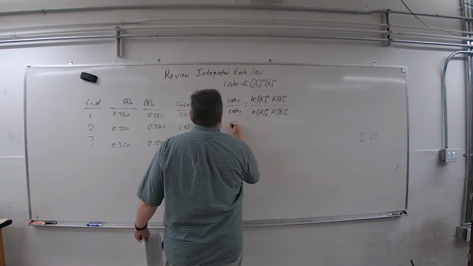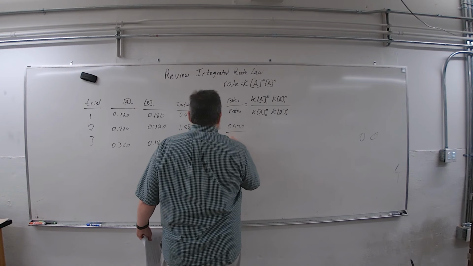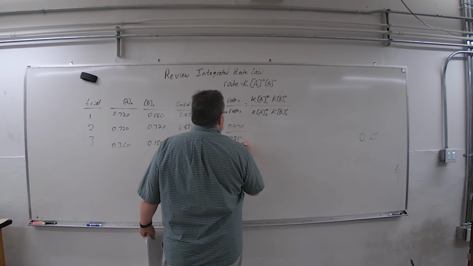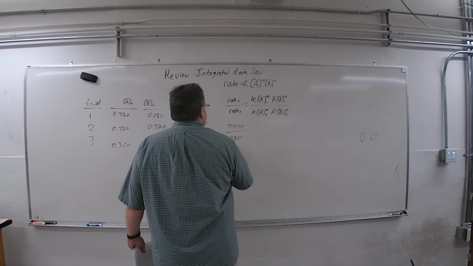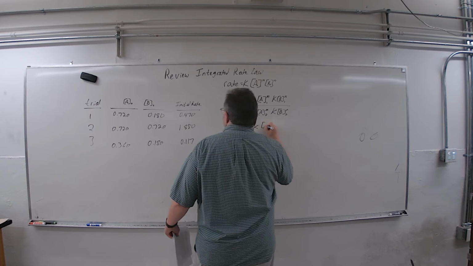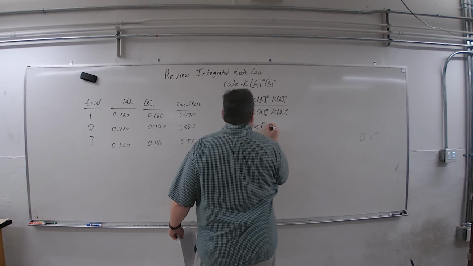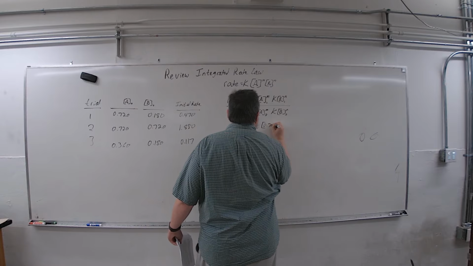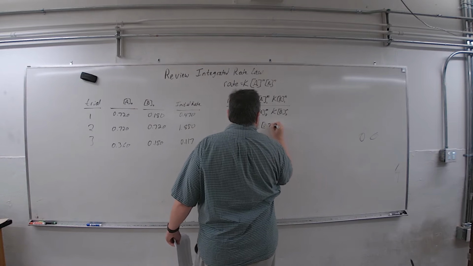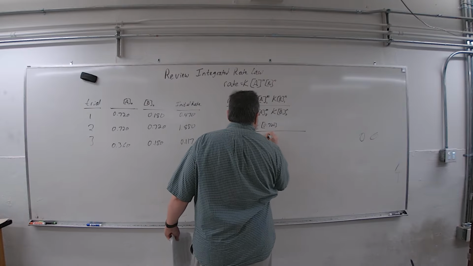Initial rate for 1 is 0.470. Initial rate for 2 is 1.880. Okay, initial concentration for A for 1 is 0.720. It's the same down here.